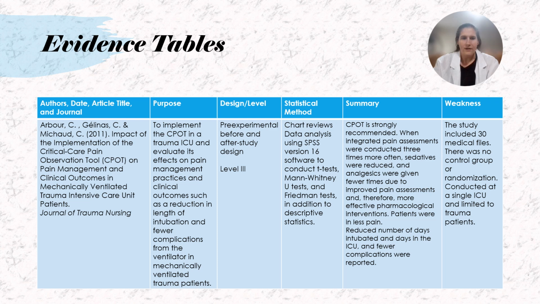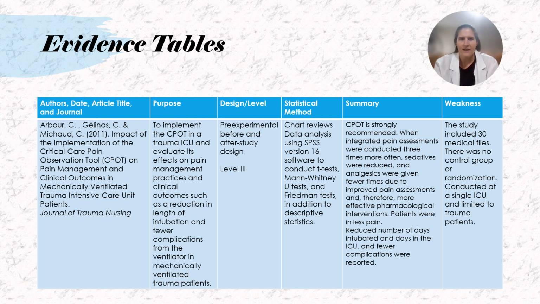The purpose of an article found in the Journal of Trauma Nursing was to explore the impact of implementing the Critical Pain Observation Tool on pain management practices and clinical outcomes in mechanically ventilated trauma patients in the ICU.